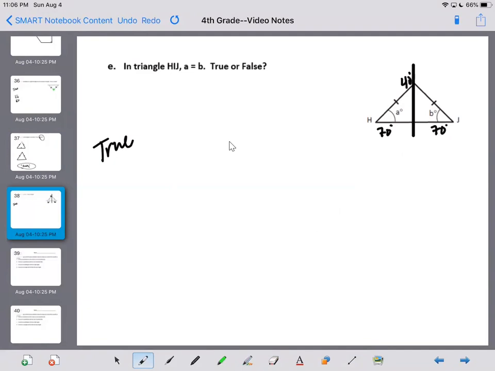So we could fold this triangle along its line of symmetry to show that angle IHJ is equal to angle IJH.